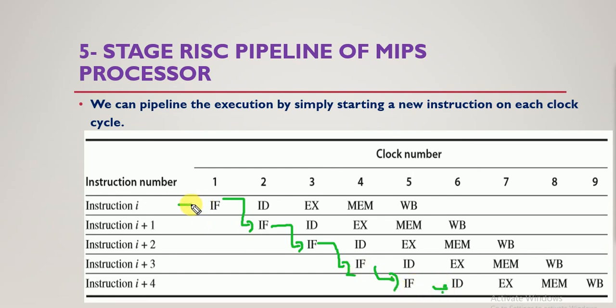So how many stages are there? First, second, third, fourth, and fifth: 5 stages form the pipeline.